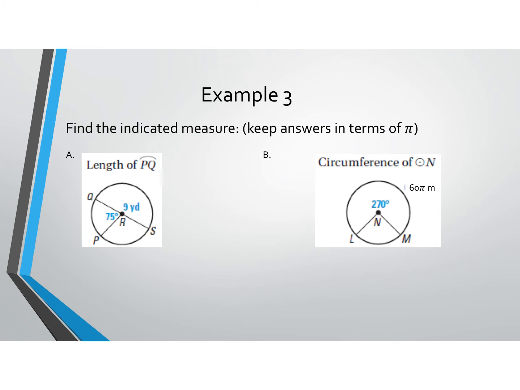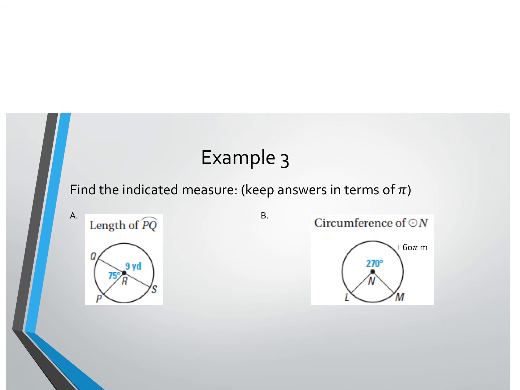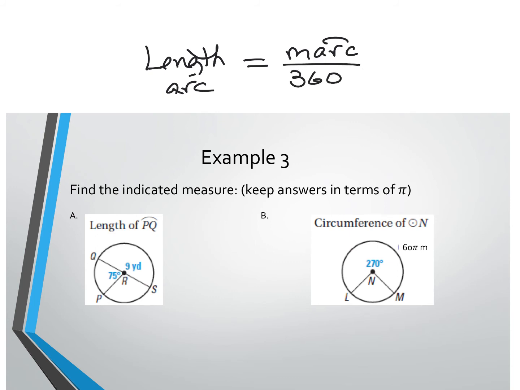Now remember, the formula for the length of the arc, we always take the length of the arc, and that's equal to the measure of the arc in degrees divided by 360. And then remember, you're either going to multiply it by c if they give you the circumference, or if they give you the radius, it'll be multiplied by 2 pi r.